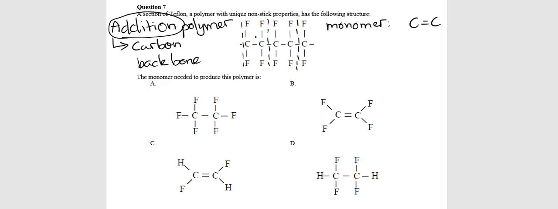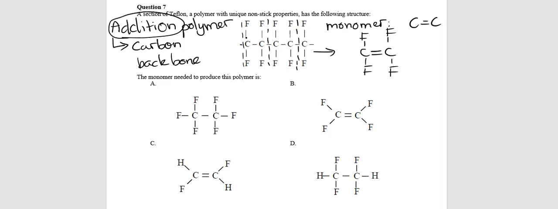And this is a very simple example because the 2 monomers that I could make from this section are identical, so I know there's only one type of monomer present, and the only thing you need to do to get the monomer is to put the double bond back between the 2 carbons in the backbone.